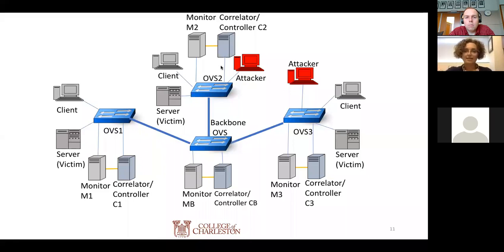And then we also had in each local network a monitor, a correlator, and a controller. Like I said, this was the same virtual machine that was running POX, the POX controller, and our correlation scripts. And this was for each network, and then we had a backbone. So we were emulating a small campus, or small enterprise, small company network.